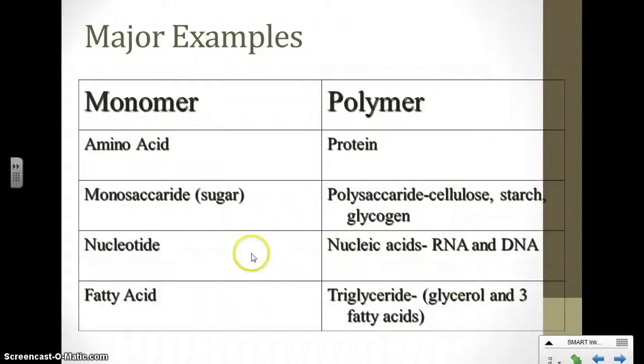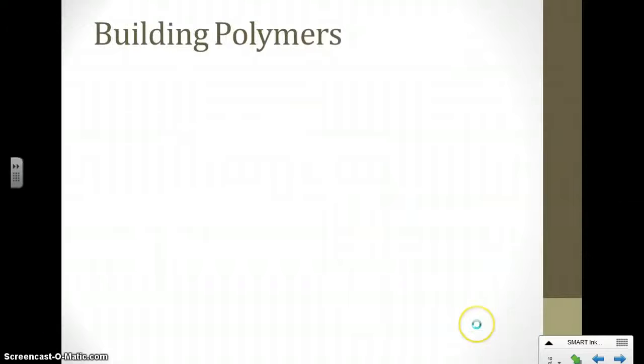If we're looking at the nucleic acids, the monomers that come together to create the nucleic acids are called nucleotides. And finally, our lipids, our fourth macromolecule, have smaller subunits or smaller monomers called fatty acids that can come together to make that lipid. For example, a triglyceride is a glycerol backbone with 3 fatty acid monomers coming together.